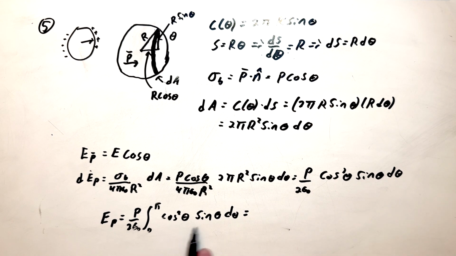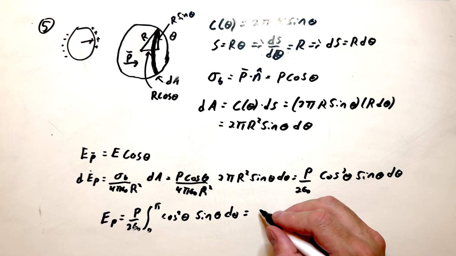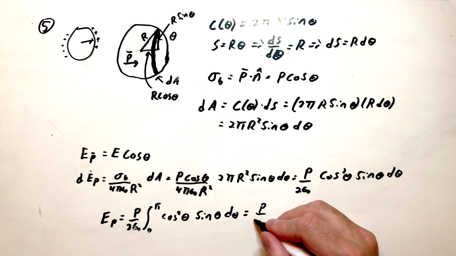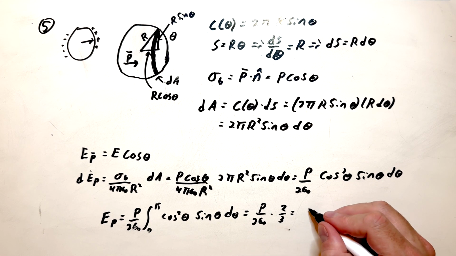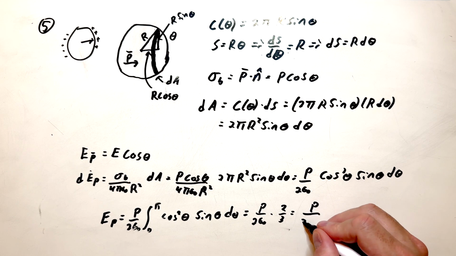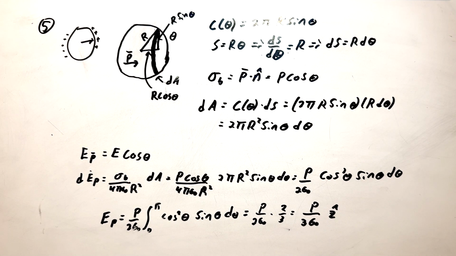But I gave you this answer in the hint that this integral is just equal to 2/3. You can type it into any online integrator, or you can do it by hand using trig substitutions, and we'll get that this is p over 2 epsilon naught times 2/3, which is just equal to p over 3 epsilon naught. And this is, of course, in the z direction. And that is the answer. And we'll use that result in the next lecture when we talk about the dielectric due to solids.